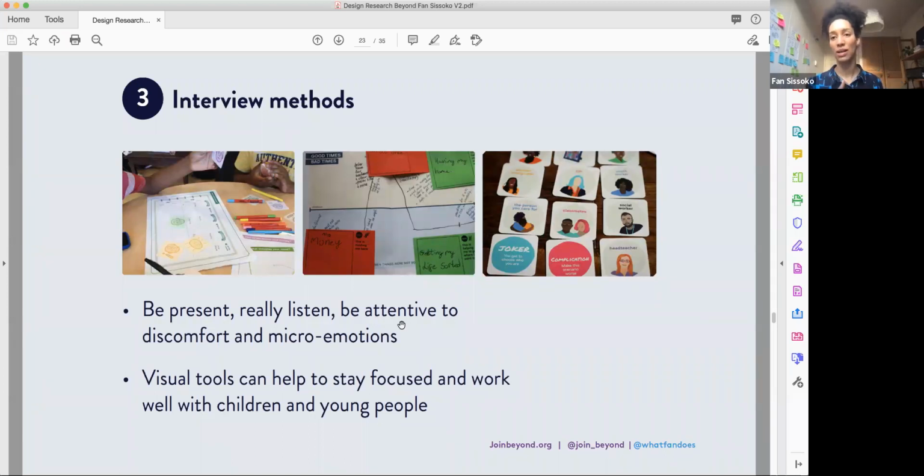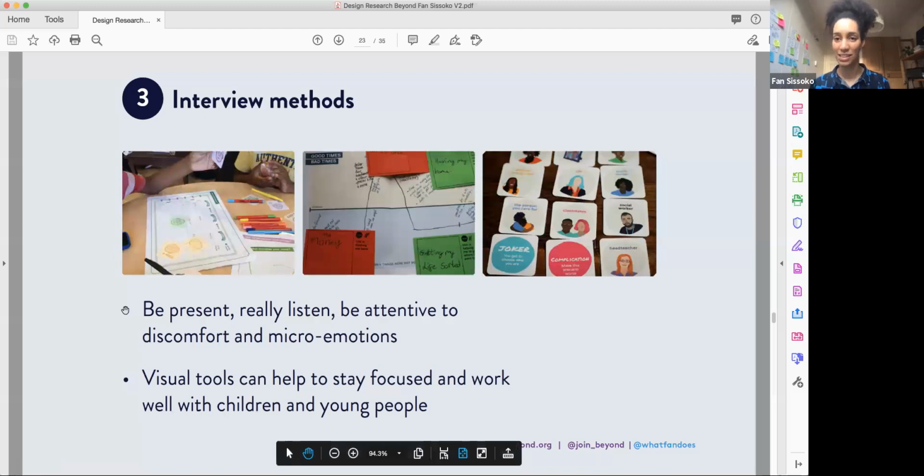But if you allow silence after the person initially answered the question, then really often they will come back to what they've said and say, actually, what I mean is this. So silence is probably one of your most powerful tools in interviews, as well as body language and things like that, just being able to read people, but also projecting a kind of presence that makes people comfortable.